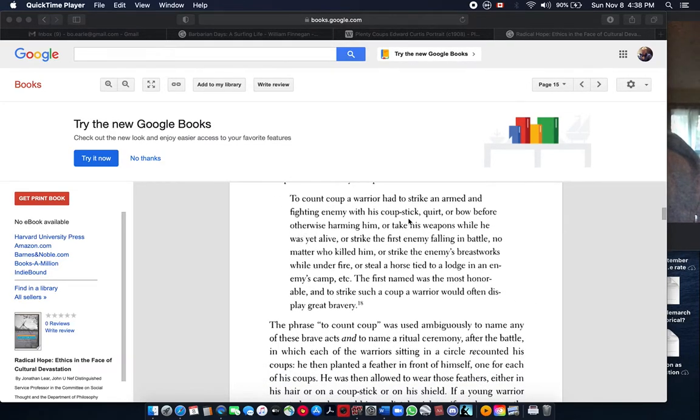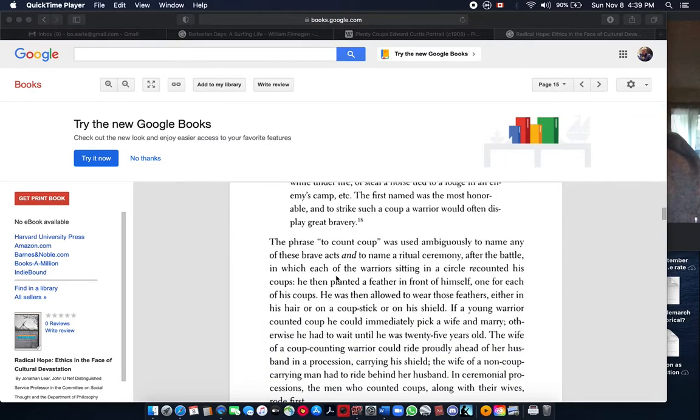To count coup, a warrior had to strike an armed enemy before otherwise harming him. That's to say, to create symbolic value out of the fighting. So fighting is not just about winning, but about acquiring honor.